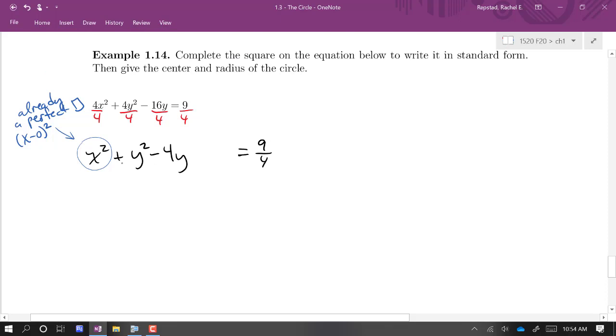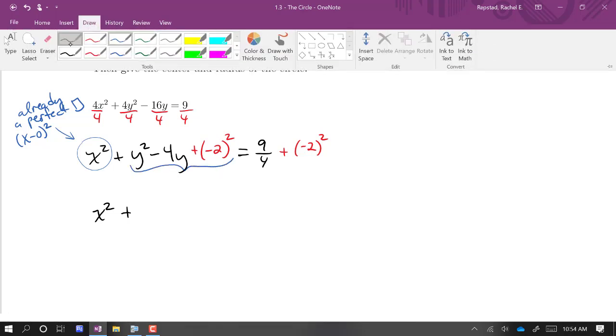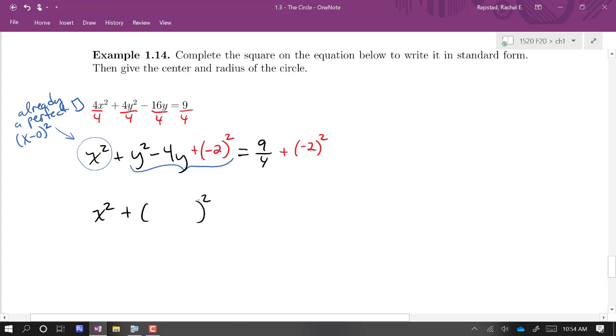The coefficient on y is -4, so cut that in half and then square it, so plus -2 squared. I've got x squared plus these 3 terms here, they form a perfect square, and it's the square of y minus 2.